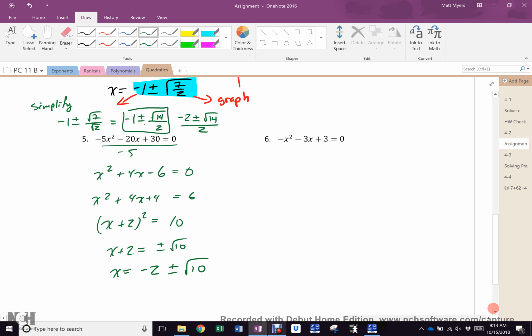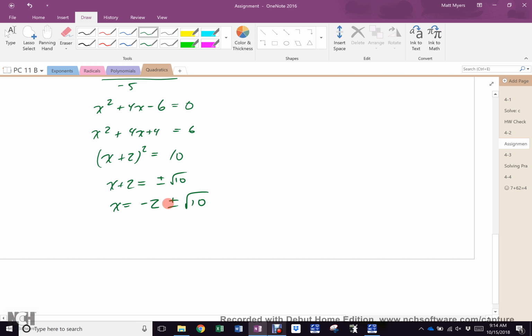Now, from there, to put it on a graph, I need to use my calculator. Either find the square root of 10 and add, or since we were just sketching, the square root of 10 is about 3, isn't it? A little bit more than 3.